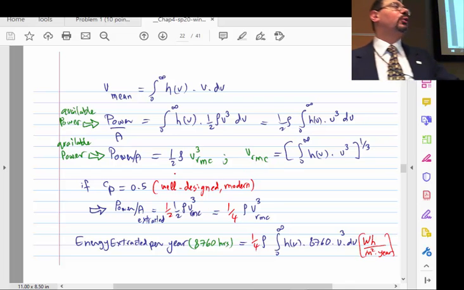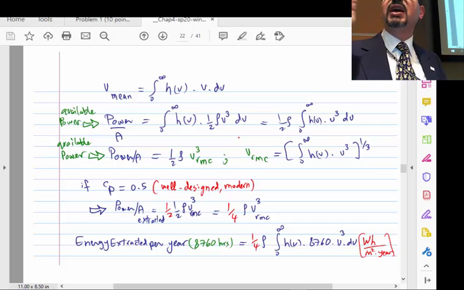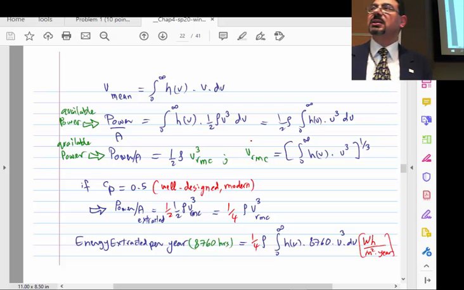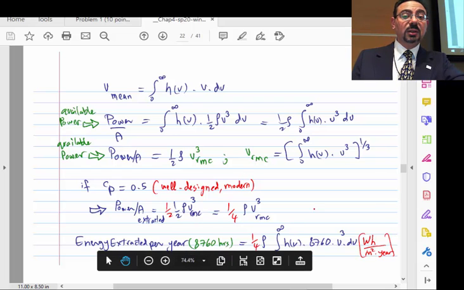So the point is, if you want the average power, you have to do this integration, or if you have a table, you do the summation. You cannot just use the average velocity and cube it. Okay? Does this make sense? Just try making any distribution and try to come up with the average velocity and cube it, and then try to come up with the average V cubed, and you will see it's different.